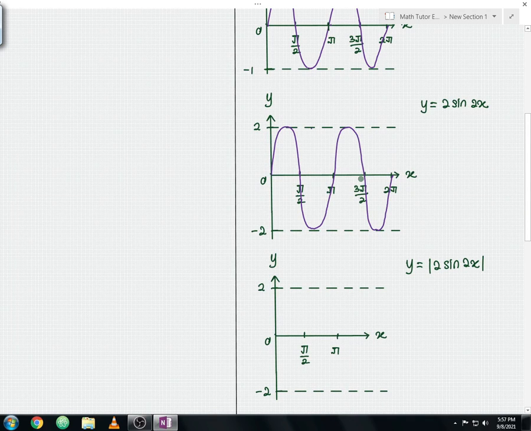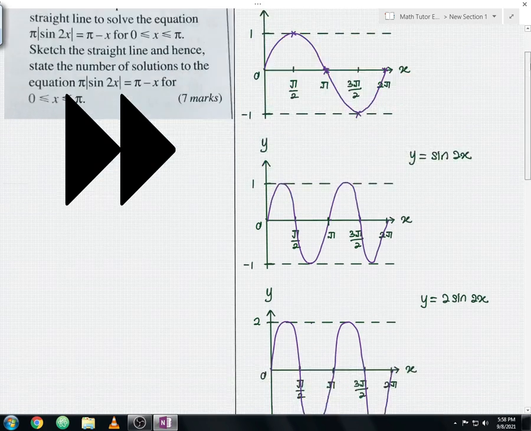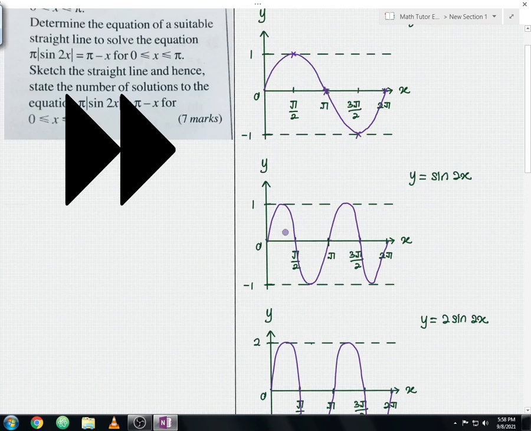So from here, let me sketch over here, guys. Since in the question it mentioned the range of 0 up to pi, not 2 pi, make sure you are careful on reading the question. So from here, let us perform the sketch now. Since they're finding for modulus 2 sine 2x, this is how it looks like.